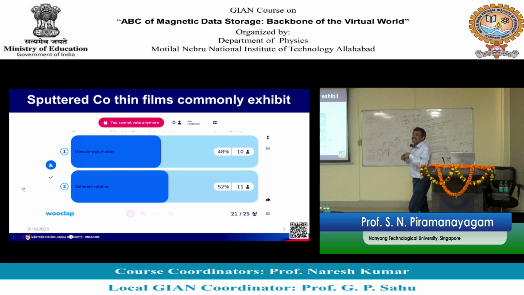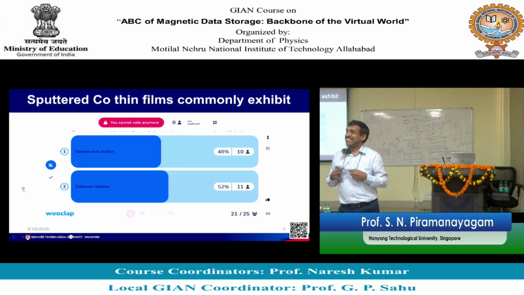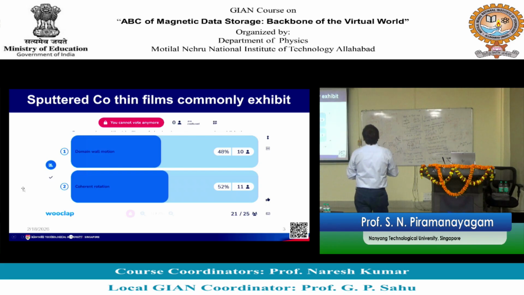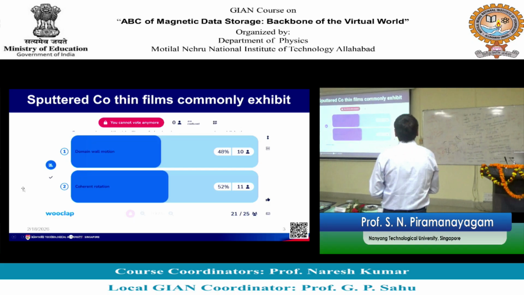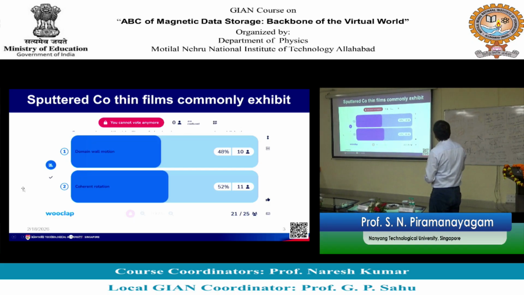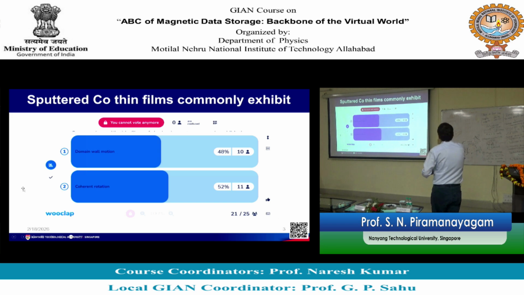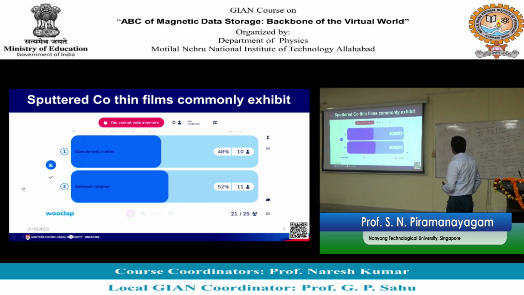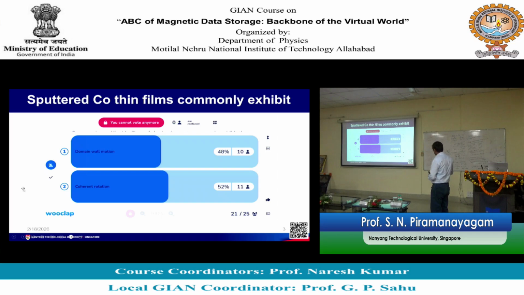Who is right, majority or minority? Okay, minority is right, majority is wrong. The answer is already on the board, right? Yesterday I was teaching about the magnetization reversal mechanism. If you sputter deposit a thin film without any special recipe, then you will end up having multi-domains. So your film will have multi-domains, and in that case you will have the domain wall motion reversal mechanism. So this is the correct answer.